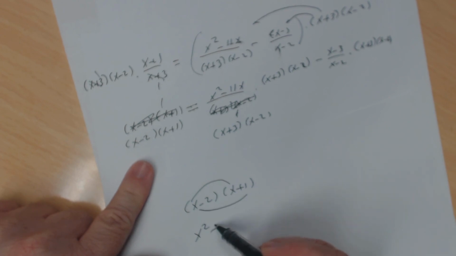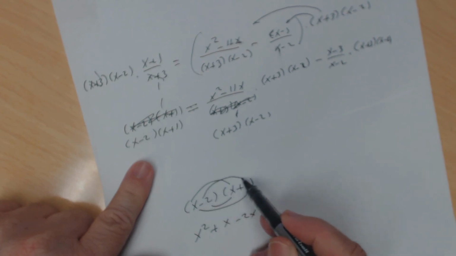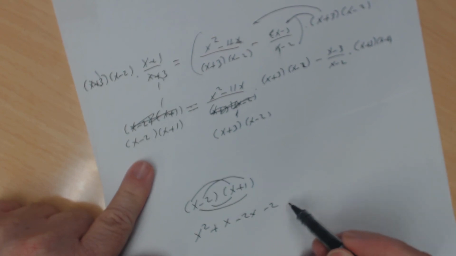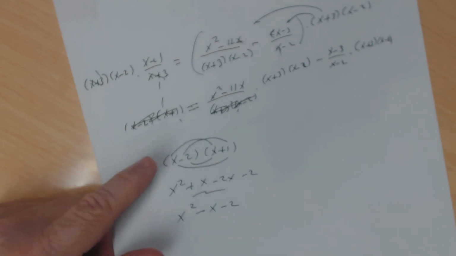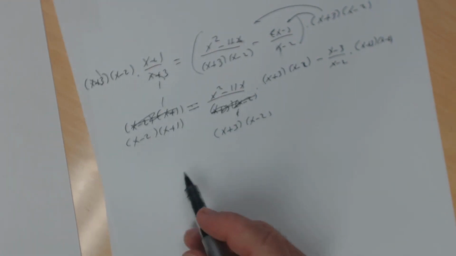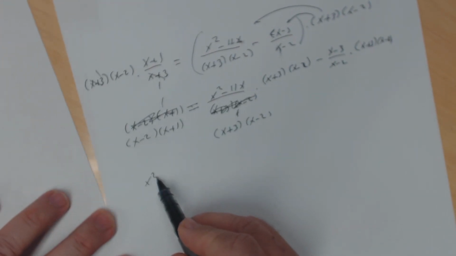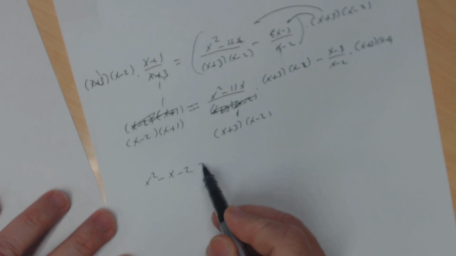The outer is a positive x. x times 1 is positive x. Minus 2x. And then negative 2 times a positive 1 is a negative 2. Combining my terms, you get x² - x - 2. So this part here is going to be x² - x - 2 equal.